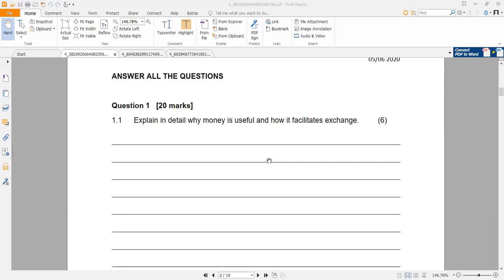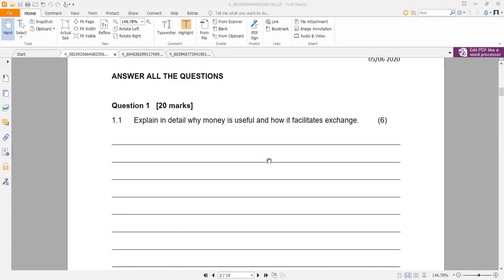Okay, so in other words, we can simply say money is useful because of the functions which it plays, isn't it? Because of money, we are now able to transact. Because of money, we can now store value.